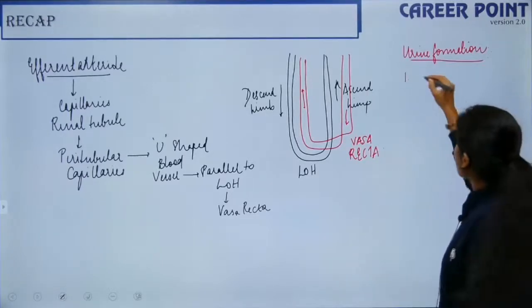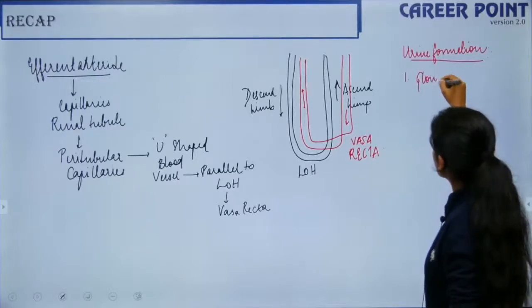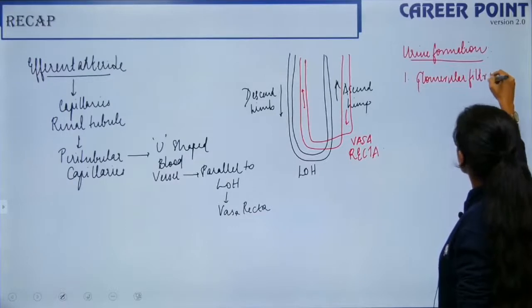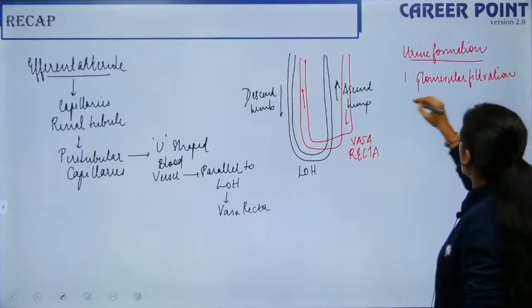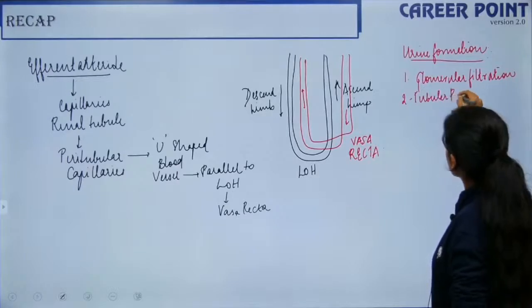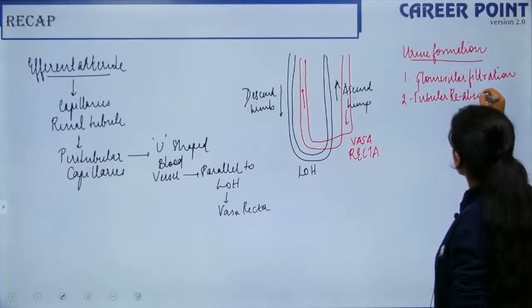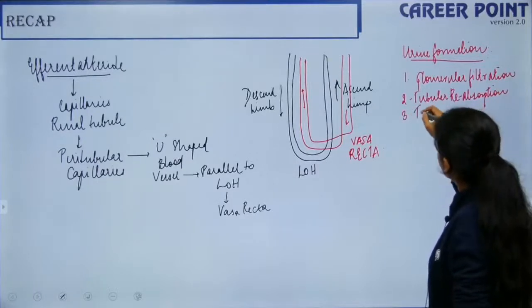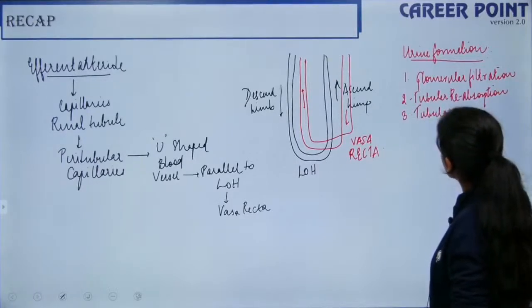The first step is glomerular filtration. The second one is tubular reabsorption. Then you have tubular secretion.